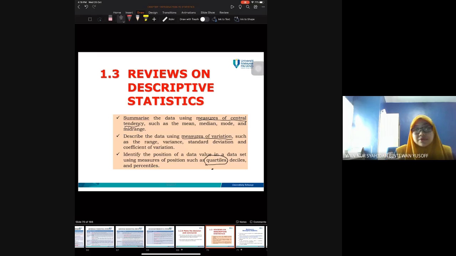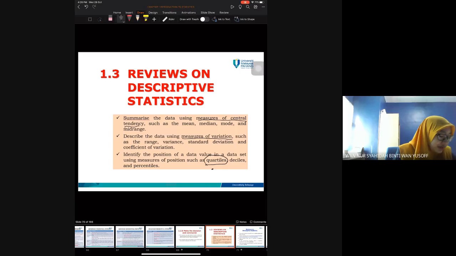So we use measure of variation, or if you want to know how close your data is to each other, or how close your data is to the mean, the center of the data, we also use variation.